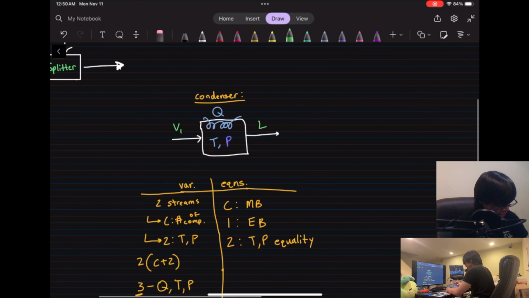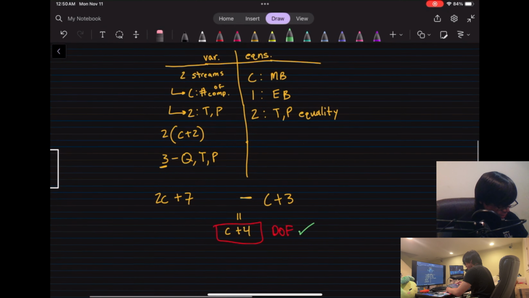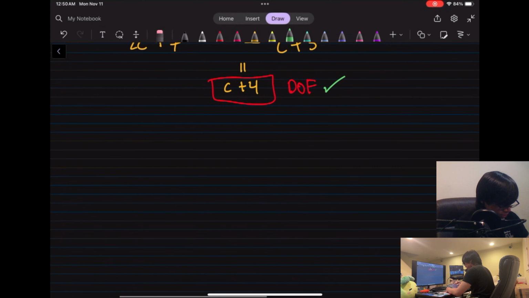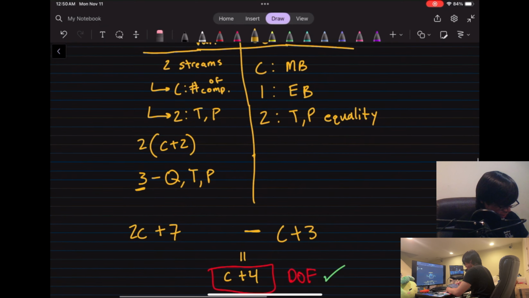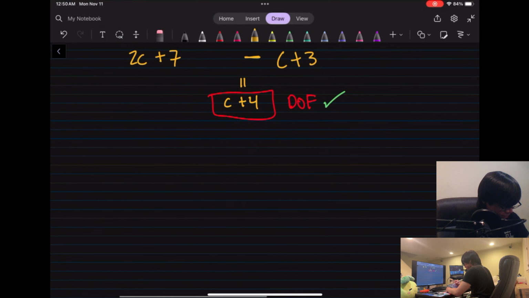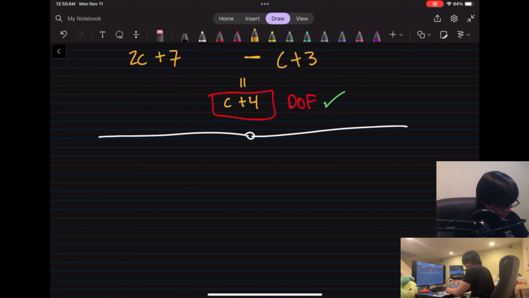So next, going down, I'll do the splitter. Let's just use orange for all of this. I'll have a little dividing line. Yeah, splitter. So a quick drawing.